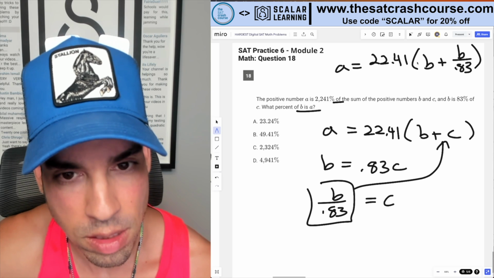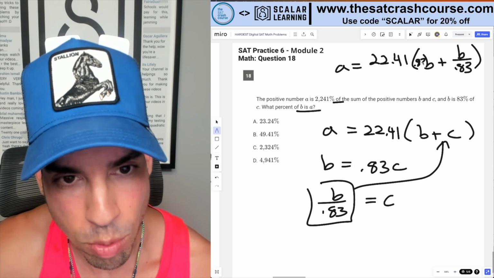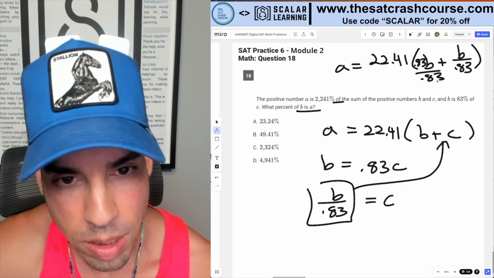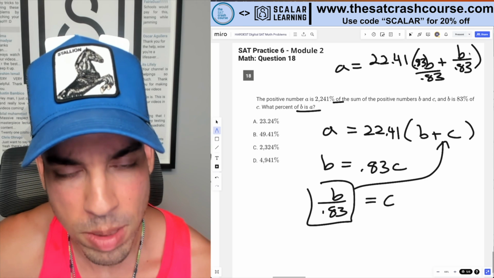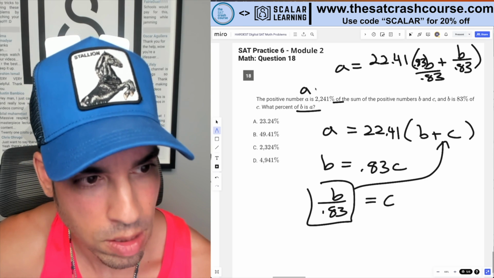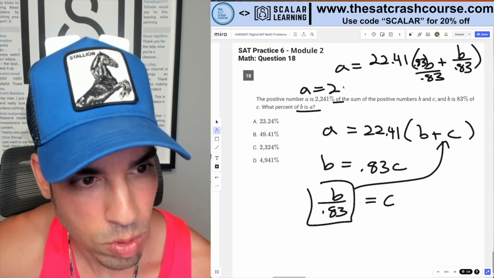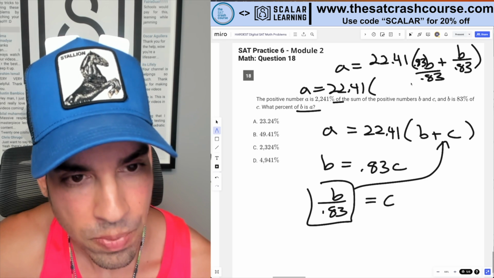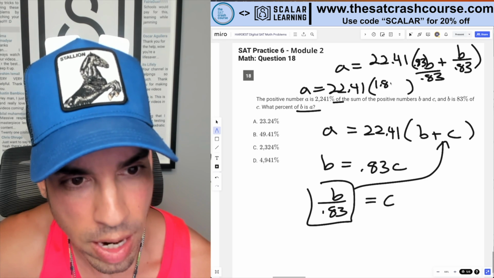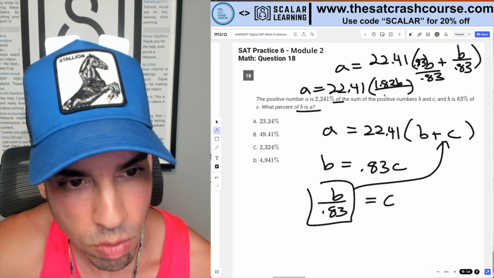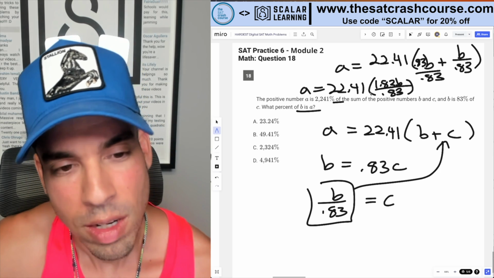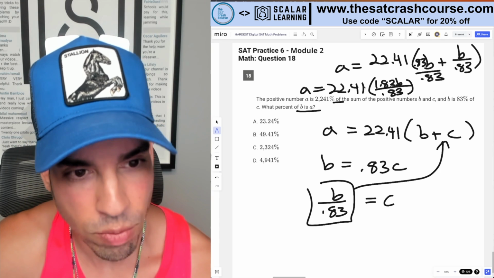Now to simplify this, let's get common denominators. I'm going to say this b is 0.83b over 0.83, right? So now I got 0.83b plus 1b. Hold on, let's simplify this out. So we still got the 22.41, and then we've got 1.83b over 0.83.